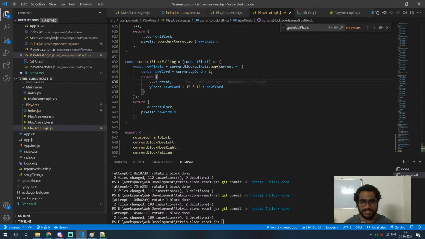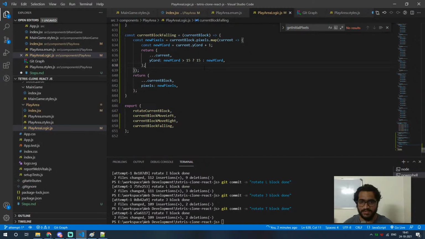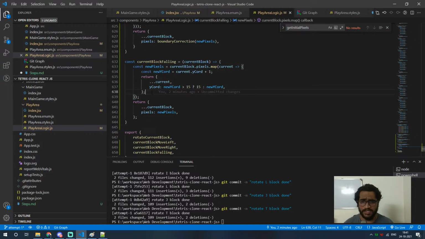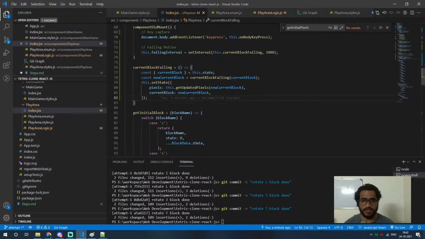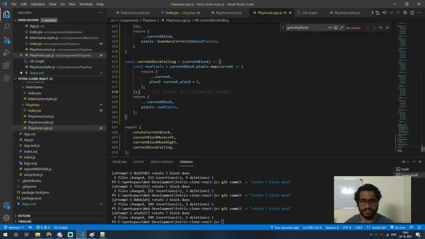Okay, this is not a stable state, so I will not commit at this point. Okay, so let's just, so we get a new current block here, right?